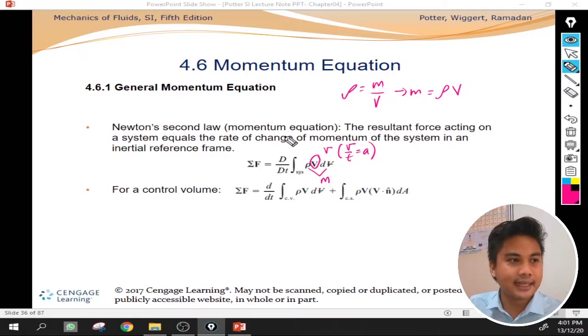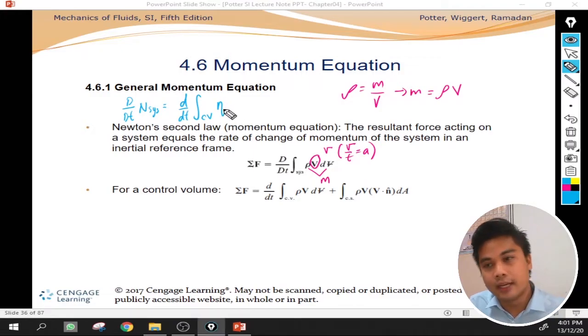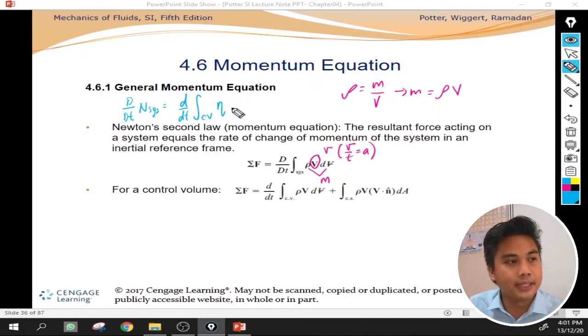By using the standard equation, capital D over Dt of the system is equal to d over dt of the control volume integral of the intensive property, which is the extensive property divided by mass, multiplied by the density dV.